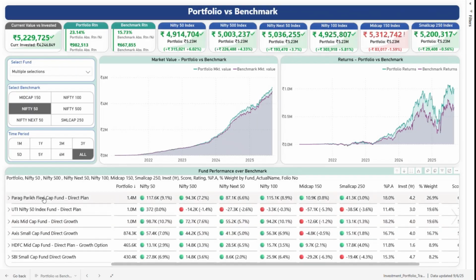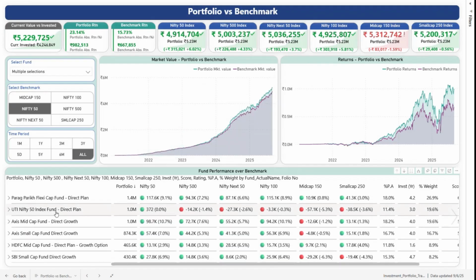What happened to my individual funds? Whether the outperformance is consistent because all six funds are able to beat Nifty 50, or very few funds beat Nifty 50 and a few are not even beating it. That is what we want to know, right? So that is where you will get it from this table.